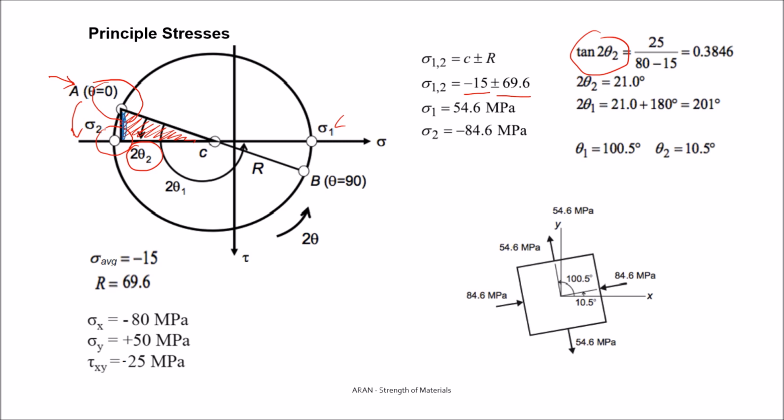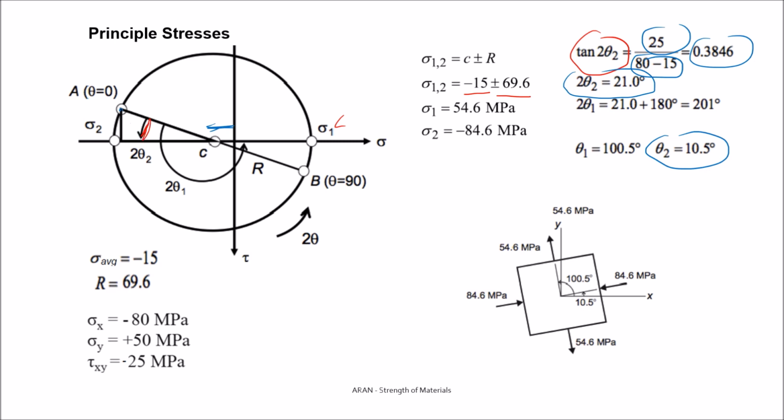That is 25. This is the coordinate of point A, 25. And that was 80. 80 minus 15 gives you tangent 2 theta. 2 theta 2 is 21. Theta 2 is 10.5. So I know the angle 2 theta 2.